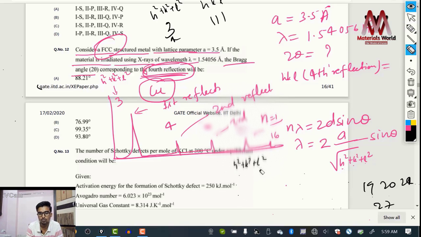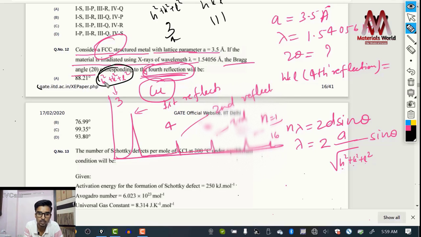Okay, so now we know the h square, k square, l square values of the first reflection, second reflection, third reflection or fourth reflection. In the question it is saying you have to find out 2 theta for the fourth reflection, right? So for the fourth reflection, 1, 2, 3, 4, the h square plus k square plus l square value is 12.